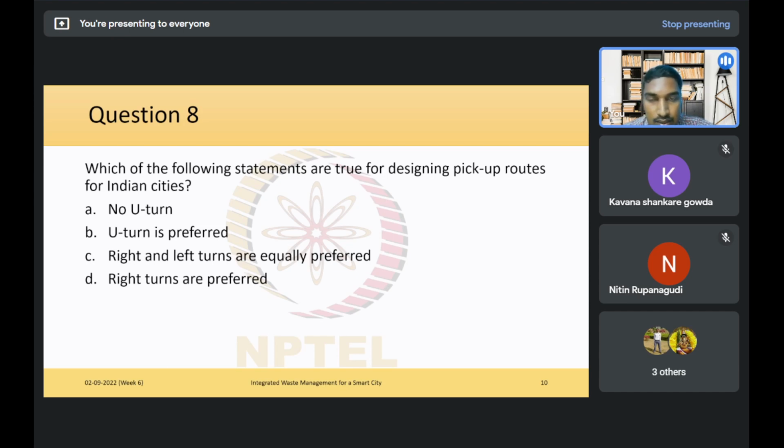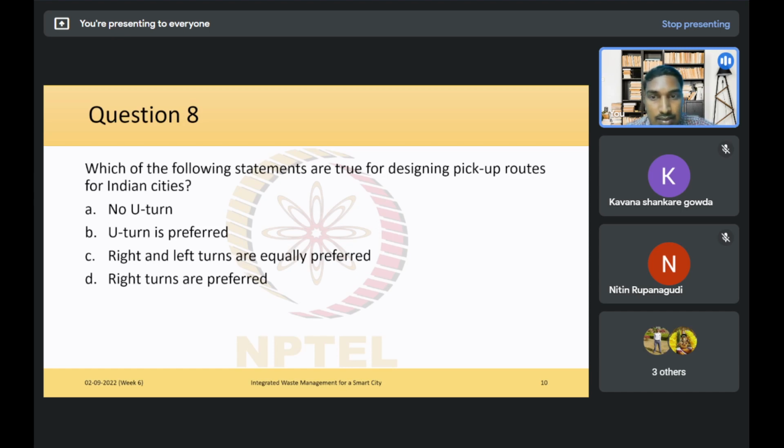The traffic that is opposing our movement, we are not interacting with that when we are making a left turn. Whereas when we are making a right turn, we have to cross the oncoming traffic and then go to the other direction, right? So there is more chance of collision, and so right turns are less preferred in our case, whereas left turns are more preferred. But the guidelines are generally designed for the US systems, where they drive on the right side of the road.